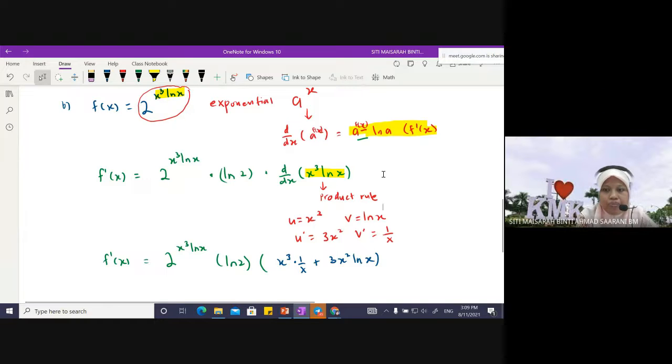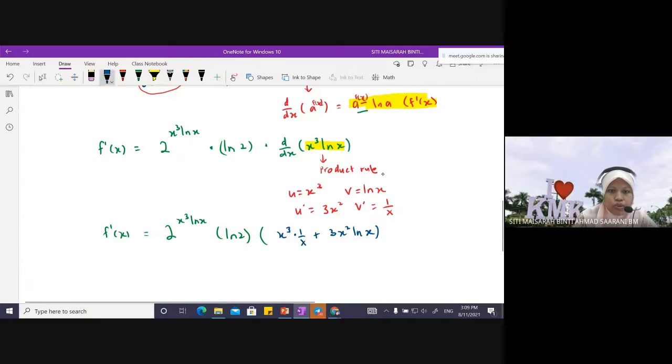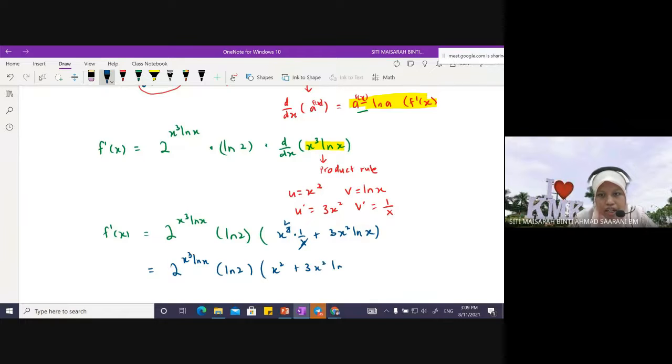Then simplify. You need to simplify x cube multiplied by 1 over x. We can cancel out, so it becomes x square plus 3x square ln x.